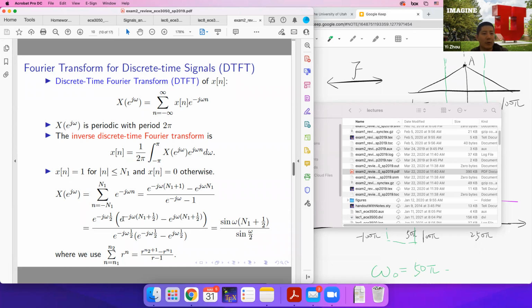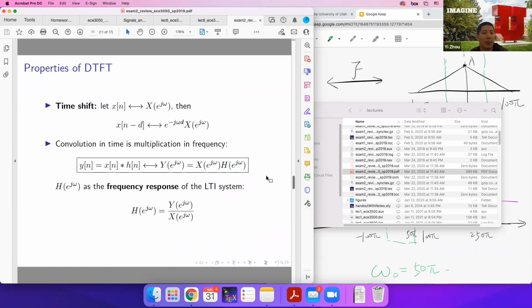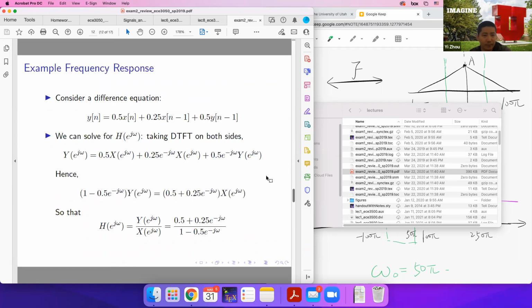And again, once you have something like this, try to simplify it into a simpler form. And properties of DTFT, we have almost the same properties. And we can apply DTFT to analyze difference equations. It's the same idea. Once you have this, you do a partial fraction expansion, and from there you can find the inverse of the system response.